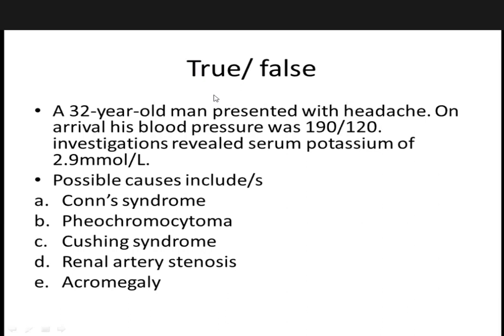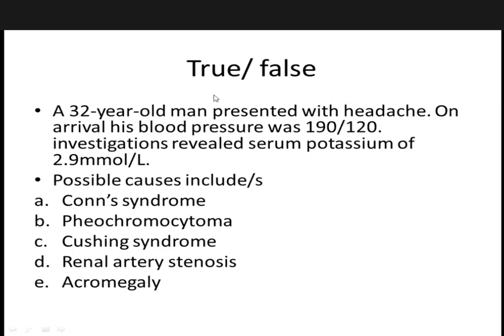Cushing syndrome? True. Renal artery stenosis? True, because these patients will have secondary hyperaldosteronism. Acromegaly? Have you heard about any association between potassium and acromegaly?